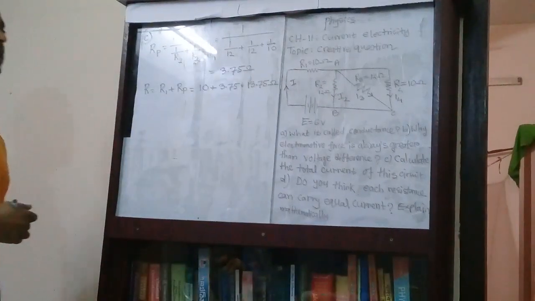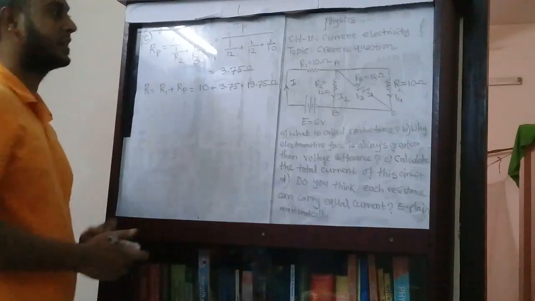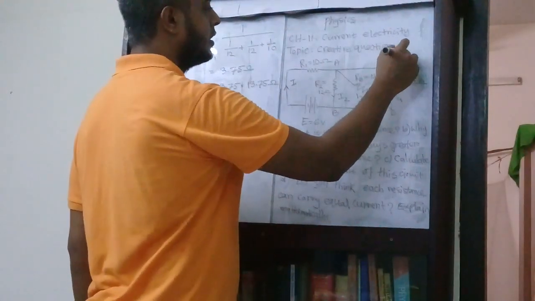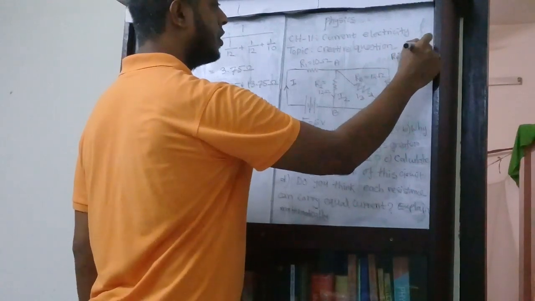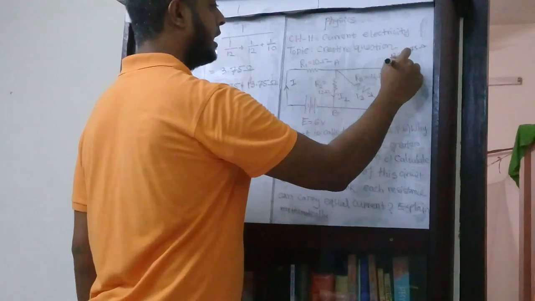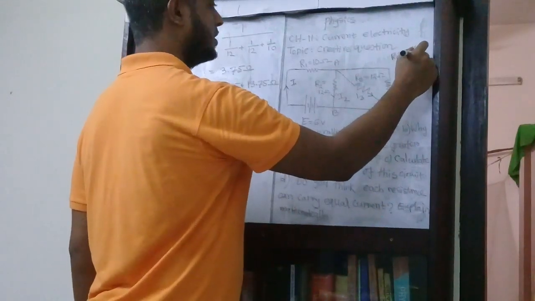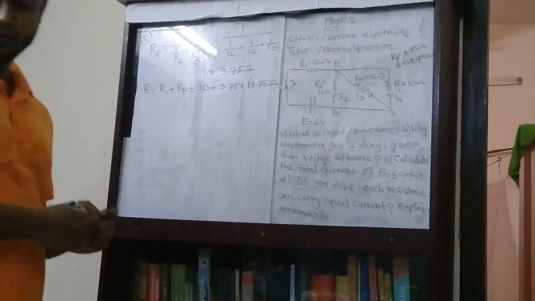This is the total equivalent resistance of this circuit. So I can say here RP equals 3.75 ohm, and R equals 13.75 ohm.